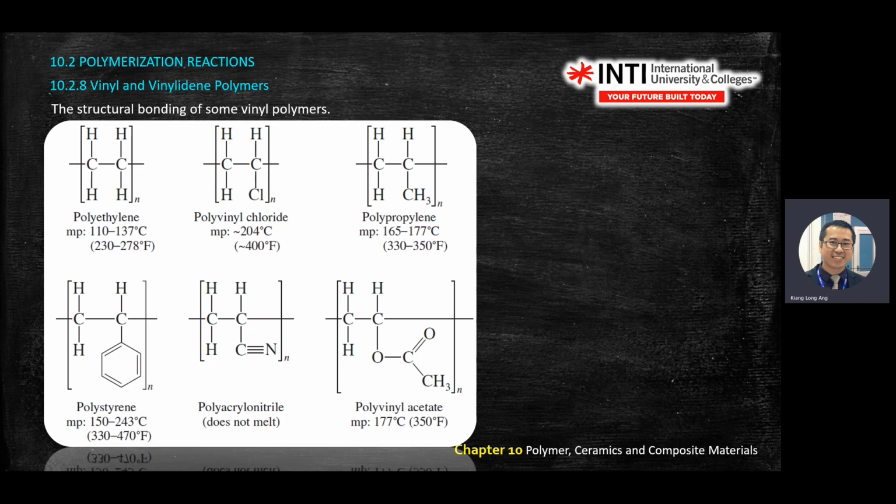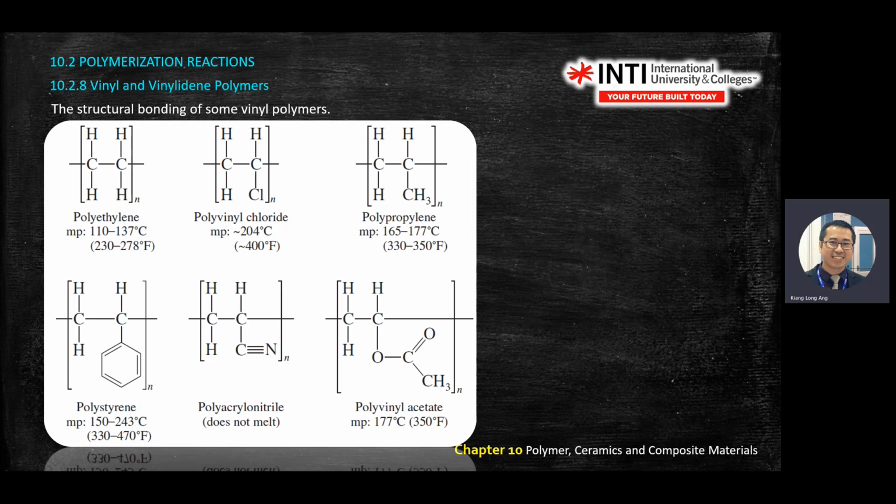You don't need to memorize this. You only need to know the vinyl polymer definition, which means that you replace one of the H with something else. So for example, polyethylene is only C and H, so you have not added anything other than hydrogen. So this is not really a vinyl polymer. This is a normal hydrocarbon polymer. But when you replace with Cl, it becomes PVC.